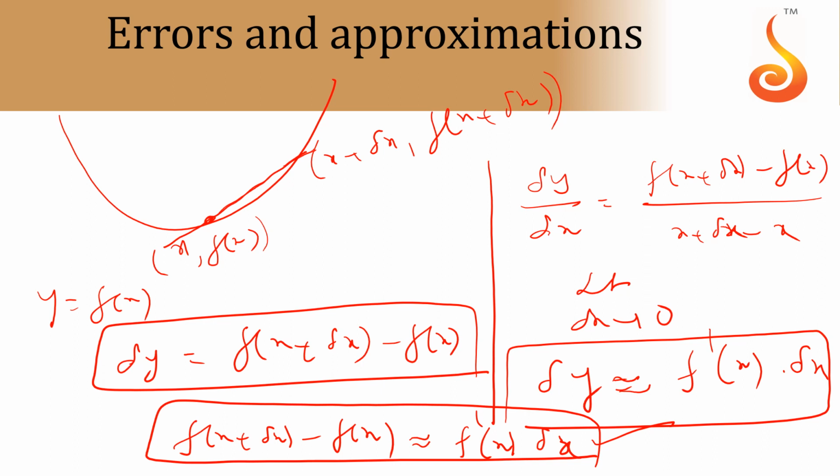Then x will be 125, whose perfect cube you know. Then dou x you will take according to the question, minus 1 or plus 1. So this last final step which I got, f of x plus dou x minus f of x is approximately equal to f dash x into dou x. With that you can do approximations very easily.